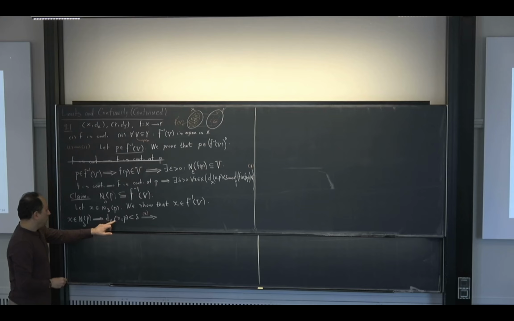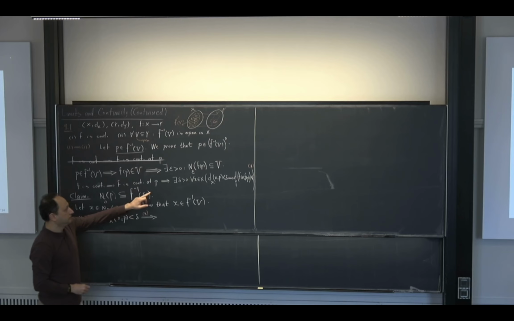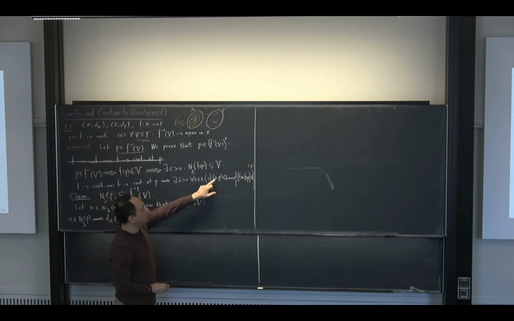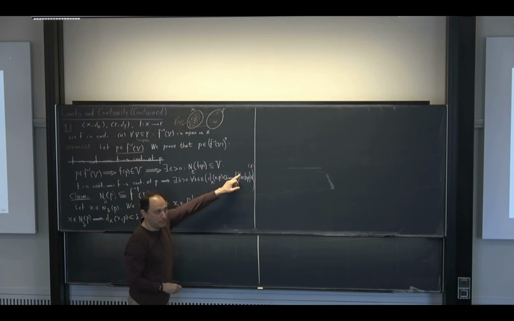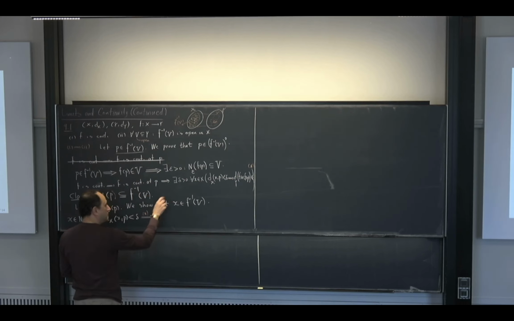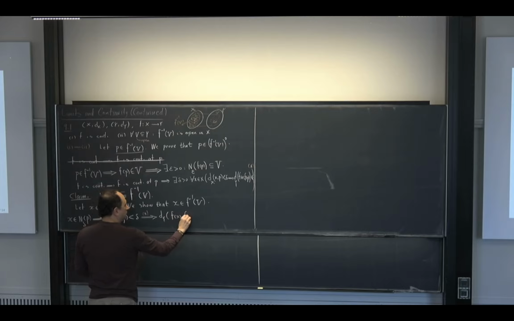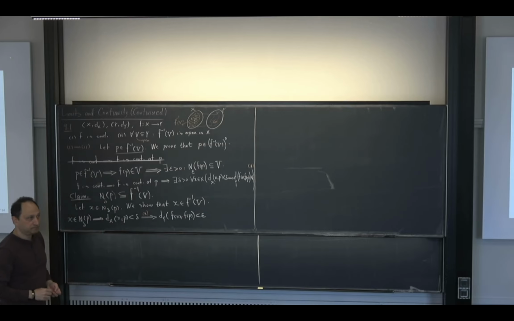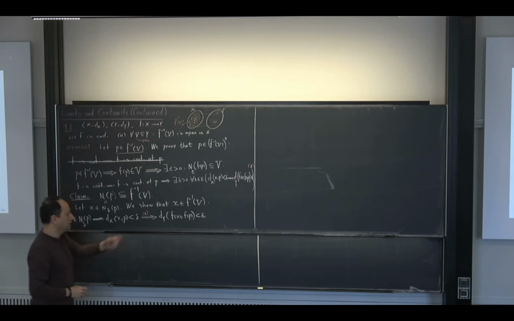I don't know about x. I know that the distance from x to p is less than delta. If I know the distance from any point to p is less than delta, according to this statement, I can immediately conclude this one. So this means that based on that statement, the y distance is less than epsilon. Yes? And then what can I conclude from here?